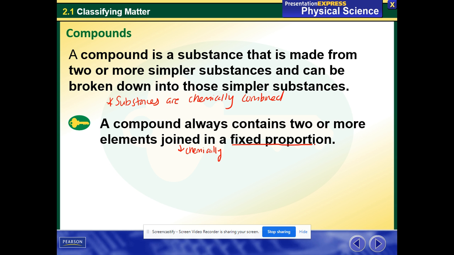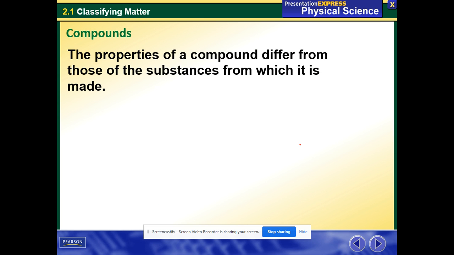Now, what does a fixed proportion mean? It means it's going to come together the same way. When you see water, H2O, there's always going to be two hydrogen and one oxygen. So it's a 2-to-1 proportion. Now, the properties of compounds can be different than the substances that make it up.